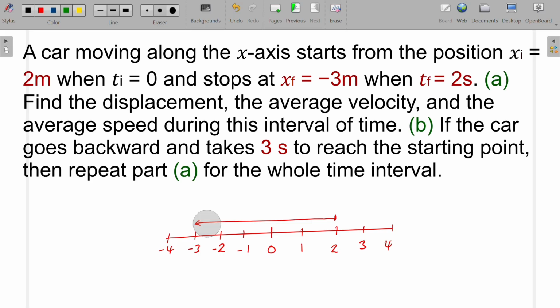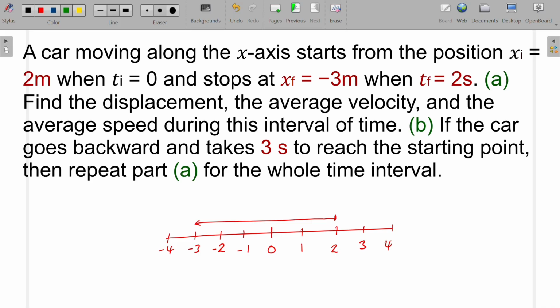Now, the first journey is from this point here where we have 2 meters to this point that is minus 3. Now they are saying if the car goes backwards from this point to its starting point, then we should repeat what we have done for part A, meaning we need to find the displacement, the average velocity, and also the average speed during this time interval.